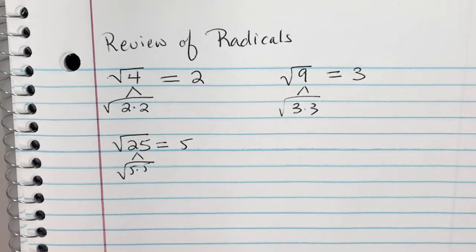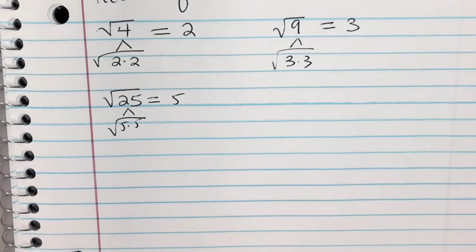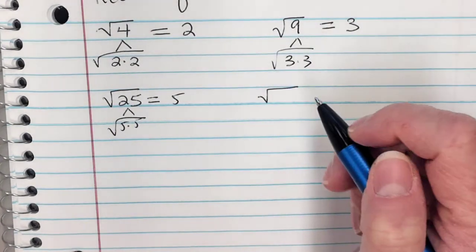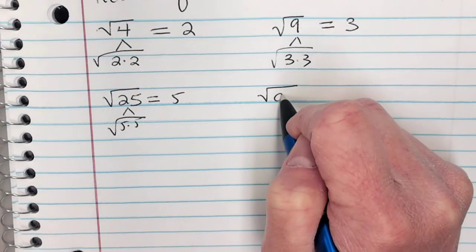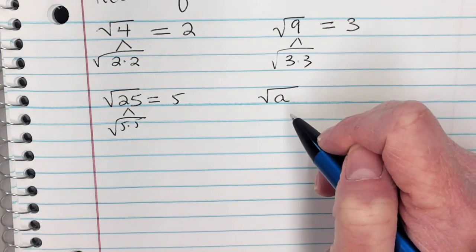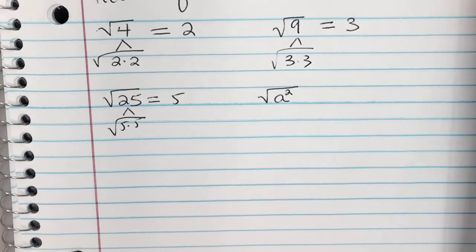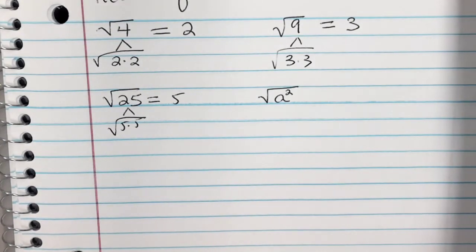Okay, now I'm going to try to mess with your brain a little bit, because that's my job as a math teacher. This one's going to be a little weird. Inside the square root, I want you to write the letter A, so it's not actually going to be a base number. It's going to be letter A. And then write A to the second power.